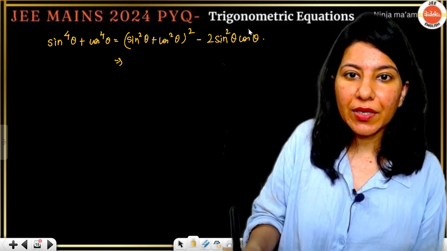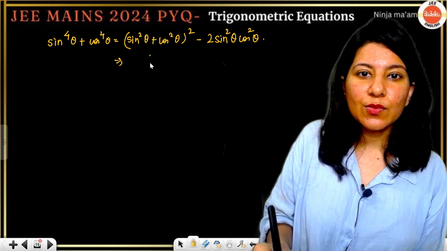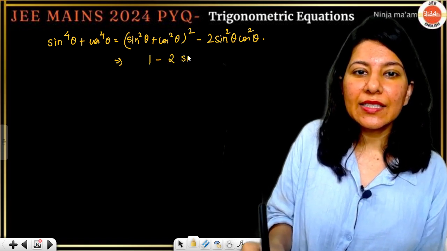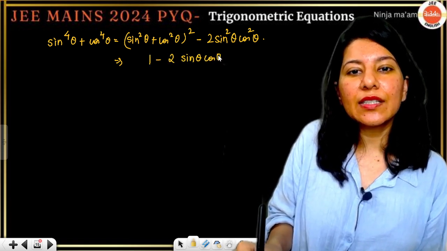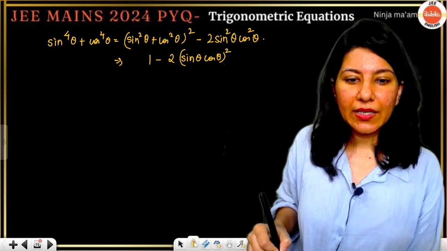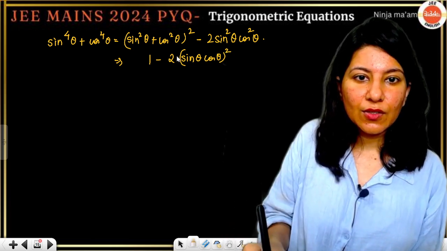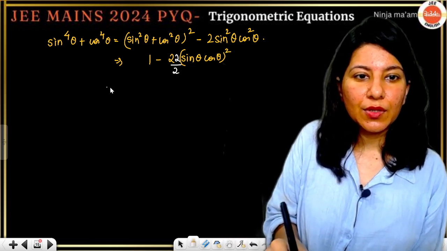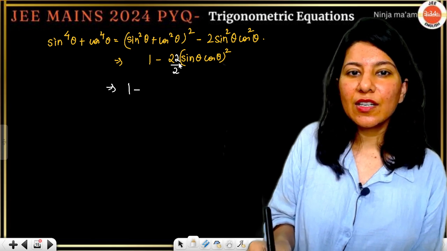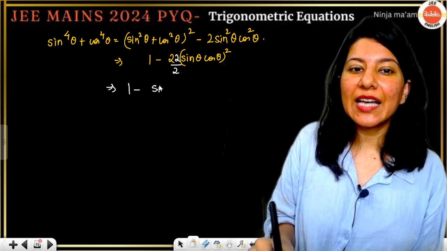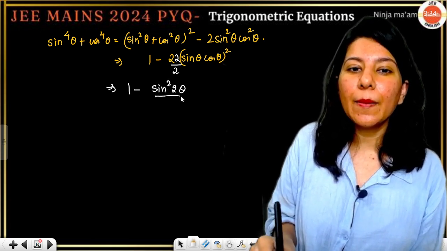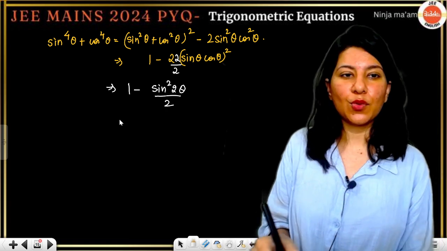So it is sine square cos square, correct. So this is 1 minus 2 sine square theta cos square theta, which is sine theta cos theta whole square. Okay, so this is 1 minus, 2 upon 2, so this is going to be sine square 2 theta by 2. This is your sine 4 plus cos 4.